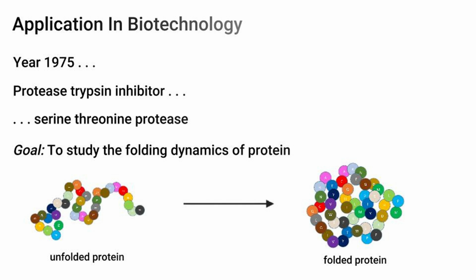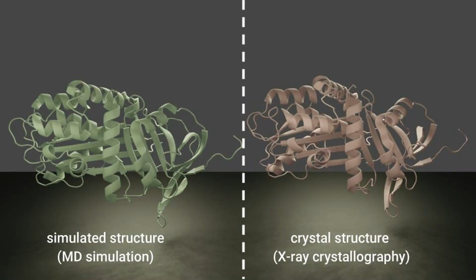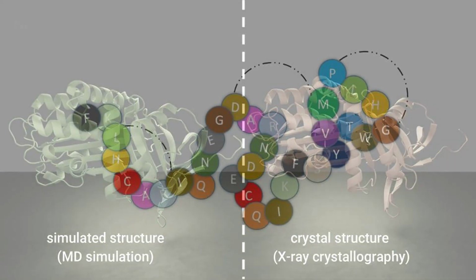To answer this, the authors simulated the folding process of a completely denatured, which is unfolded, protein, and tracked its folding in a solution. They then compared the simulated folded protein to the crystal structure of the same protein and calculated the root mean square deviation, which is RMSD, to determine if the simulated protein had folded into its stable or native conformation.